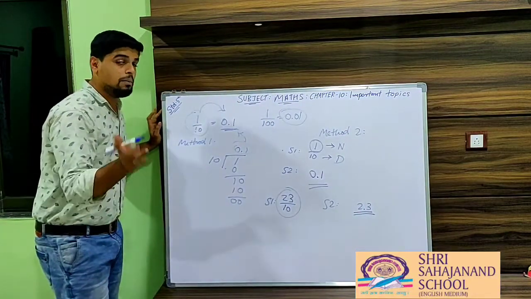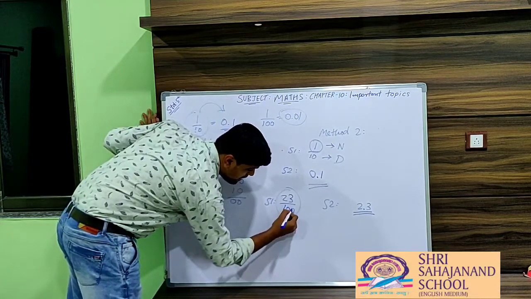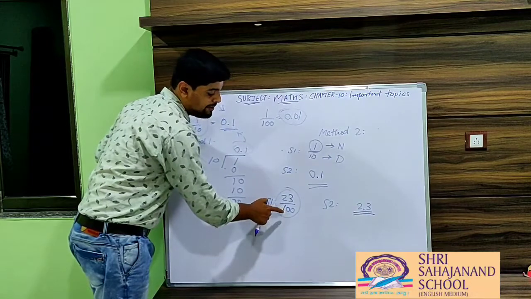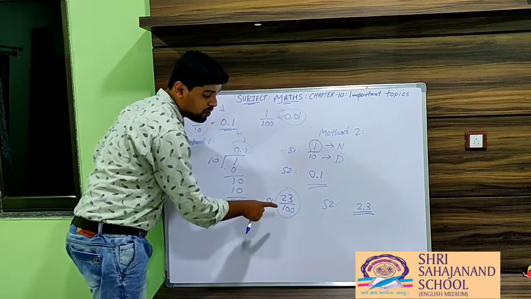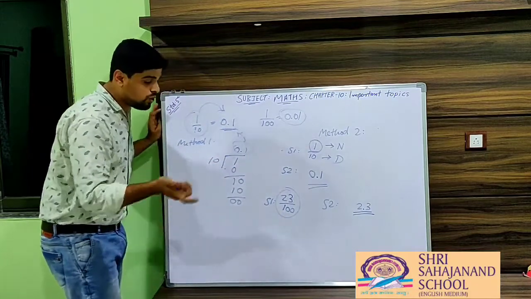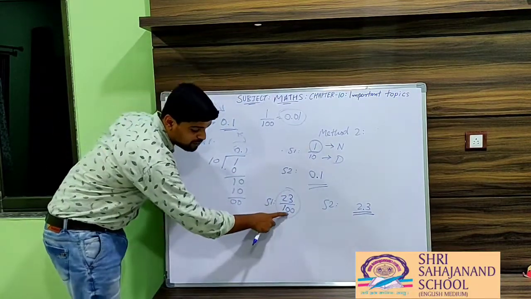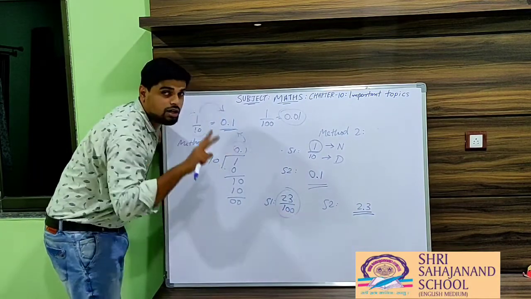It's very simple. But if here, instead of 10, I have 100, that means it is hundredths. Example of hundredths. In this case what do you have to do? You do the same, but in step 2 we count the number of 0s, isn't it? So here the number of zeros is 2.